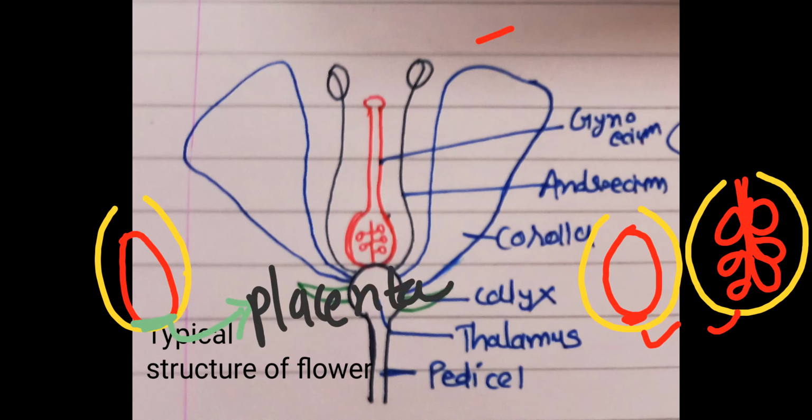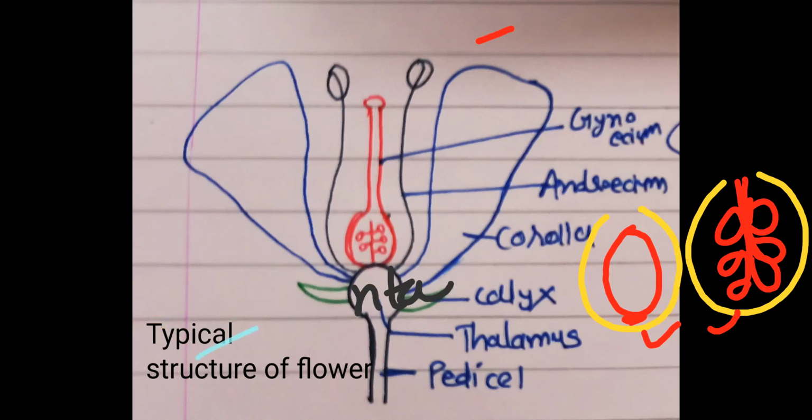The ovule is attached to the ovary by a flattened cushion-like structure, a smooth, soft structure that we call the placenta.